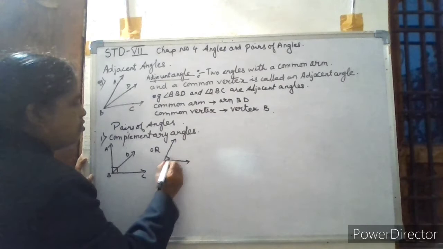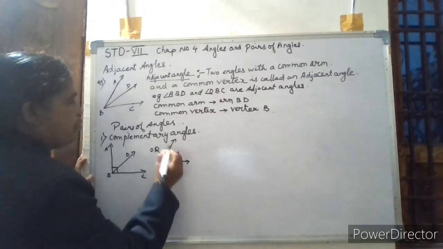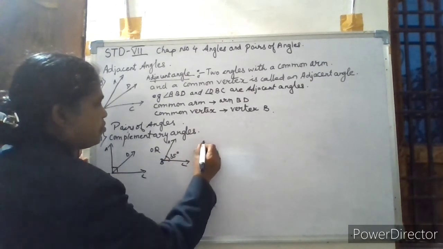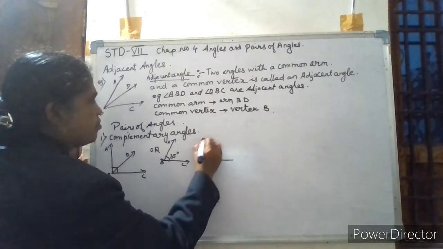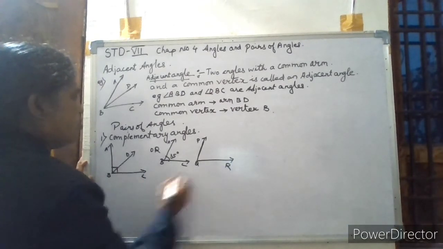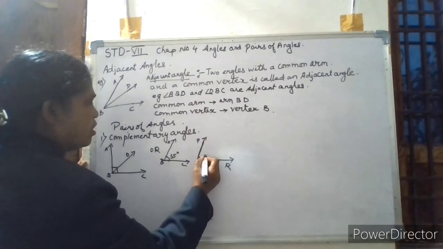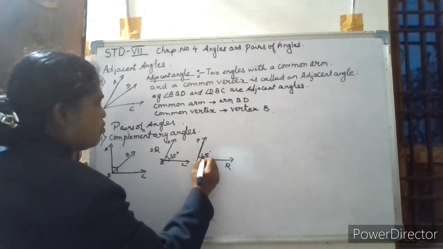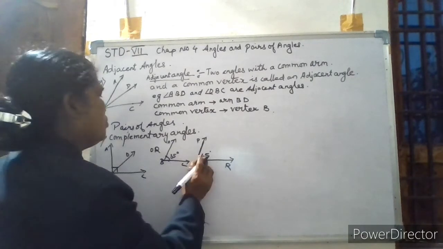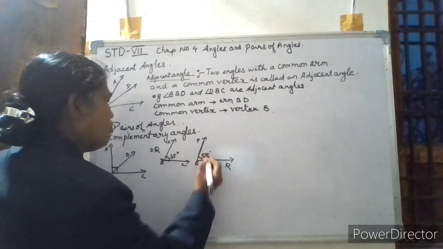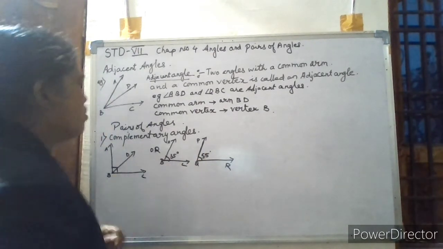Suppose this is 35 degrees, angle ABC, and angle PQR. So this angle measure we can take as 55 degrees. 55 plus 35 degrees.